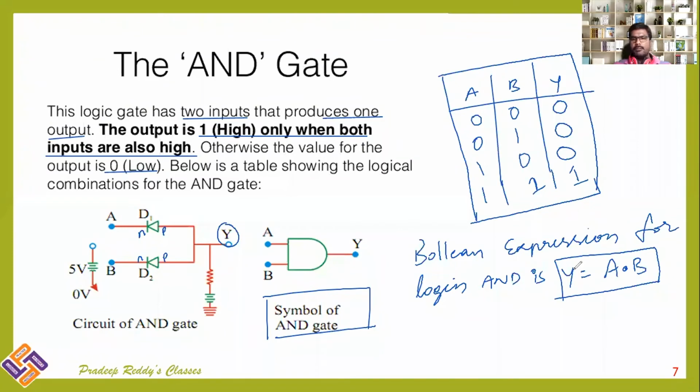So if any one of the inputs is low, the output will definitely be low. Both the inputs should be high, then only you will get output. If not, you cannot find any output. And that is the circuit diagram for the AND gate. This is the symbol for the AND gate. Any doubt?